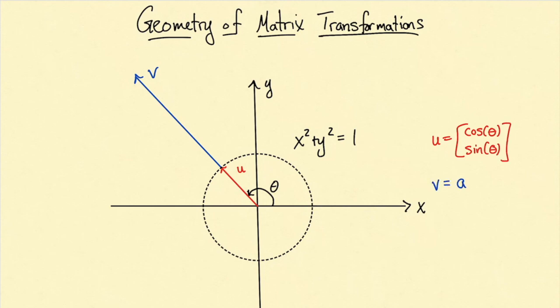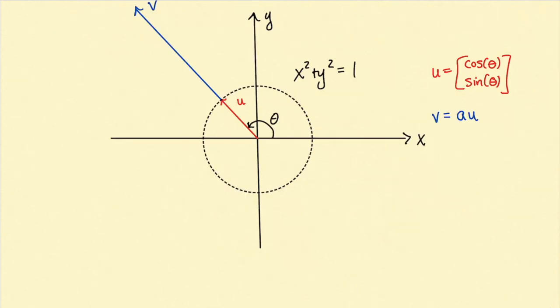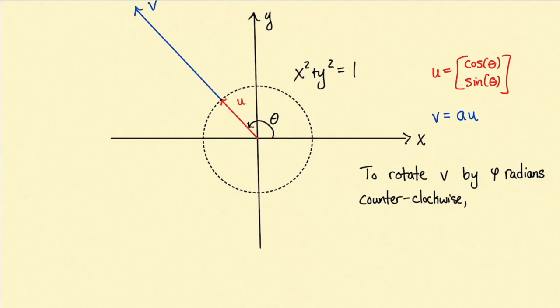If we're interested in rotating the vector v by phi radians counterclockwise, it's enough to first rotate the vector u and then scale. Let's call this rotated vector u prime. We can see here that this rotated vector also points to the unit circle.